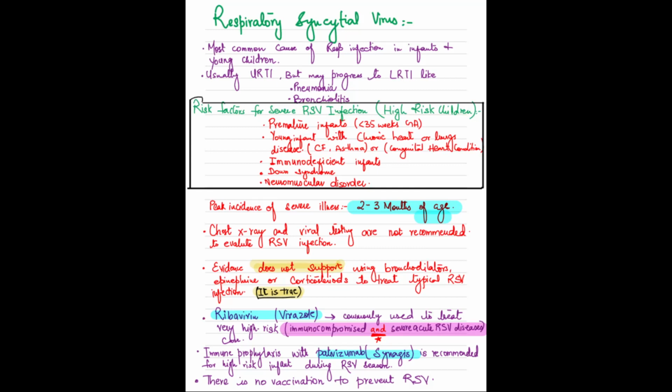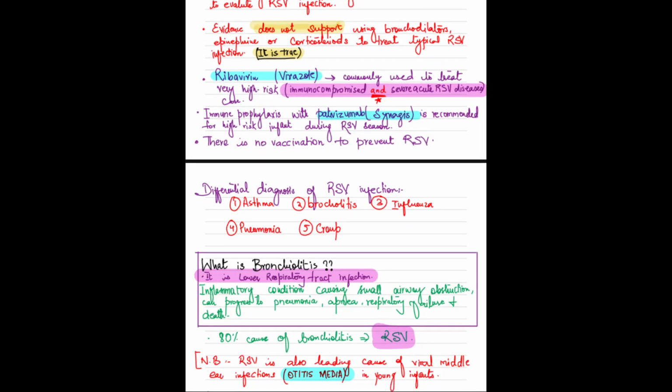If a child is high risk and RSV season is going on, we might give immune prophylaxis, that is palivizumab. Okay, there is no vaccination to prevent RSV. We have to remember RSV can be treated and can be prophylactically covered, but there is no vaccination which we can give to kids to prevent RSV.